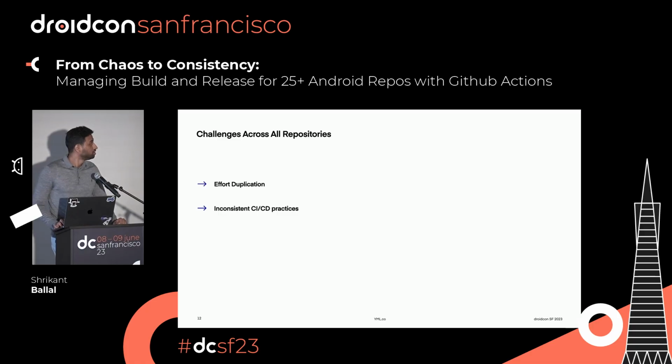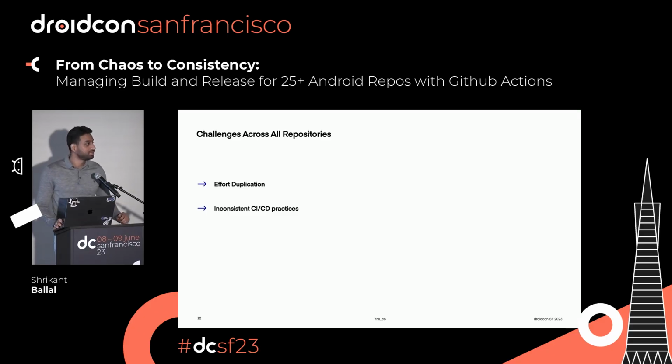So the challenges. Duplicate efforts. Because we had multiple pipelines, rolling out any new feature or even supporting existing features, we had to repeat it in every repository. That was chaotic. Then inconsistent CI/CD practices.